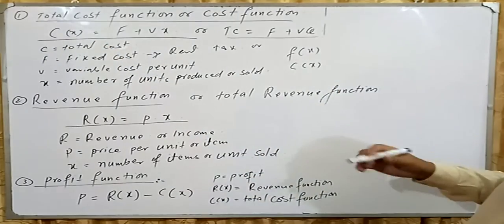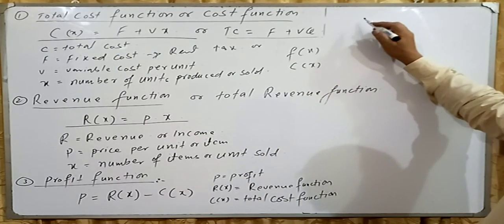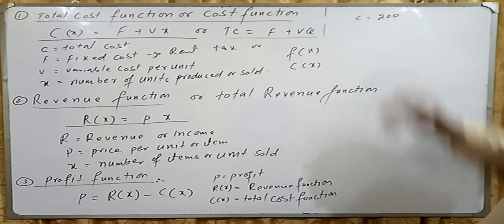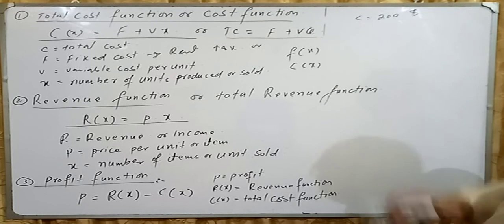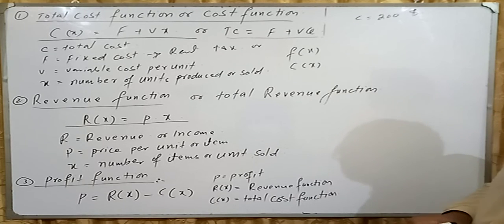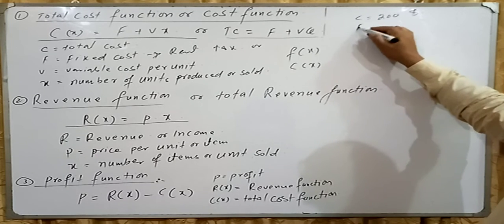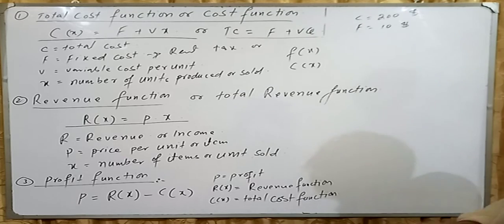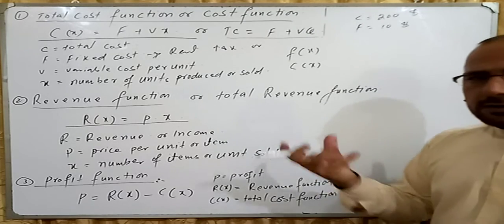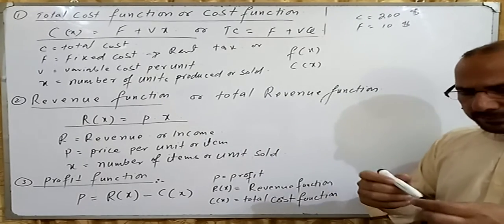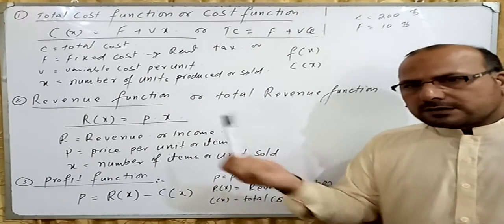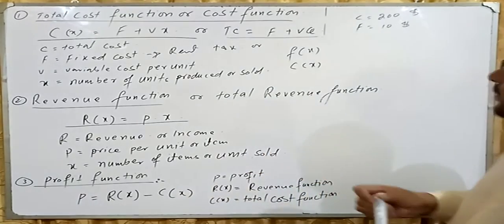For example, if the total cost of a product is $200, and the fixed cost is, suppose, $10, and the variable cost is the cost per unit. Suppose you are producing this marker, so the cost of one marker is how much?